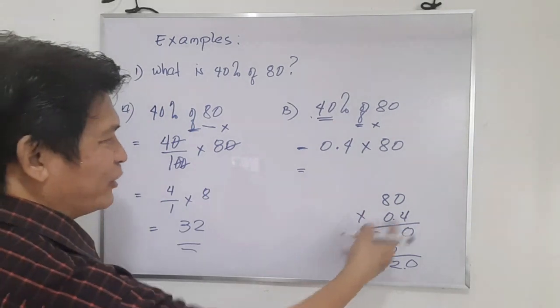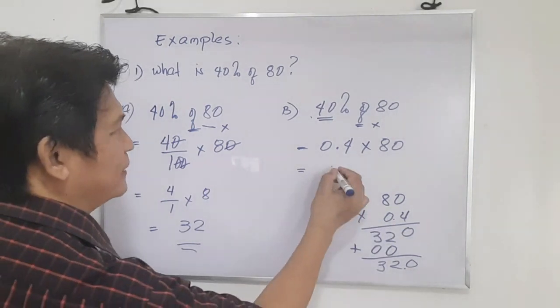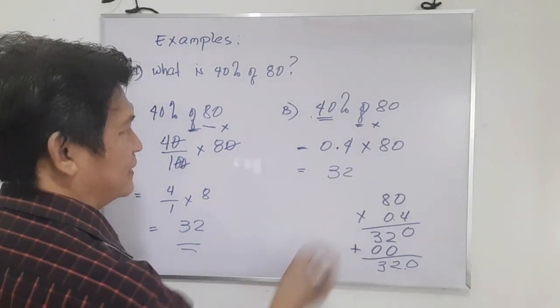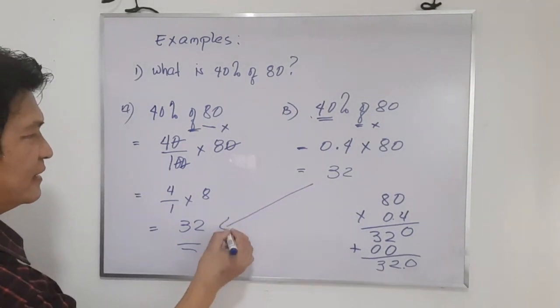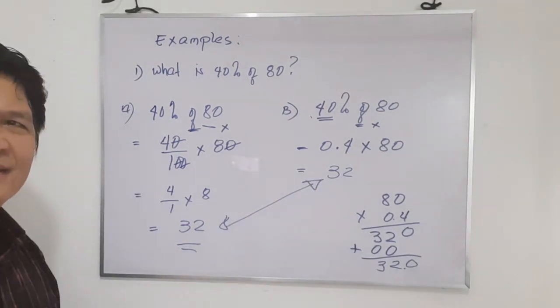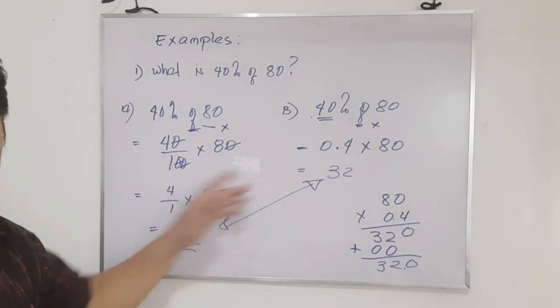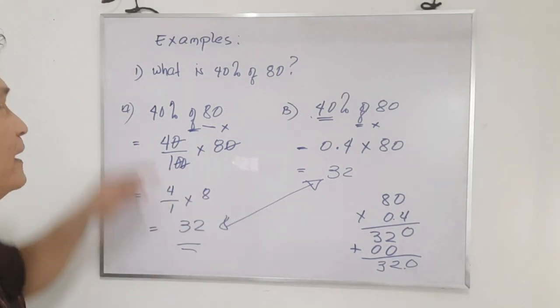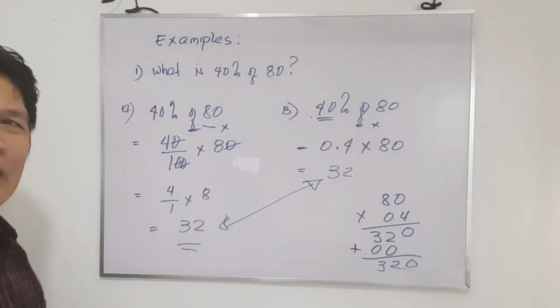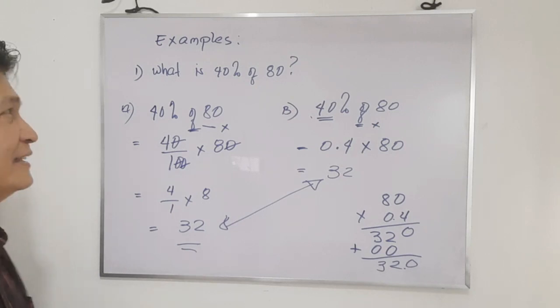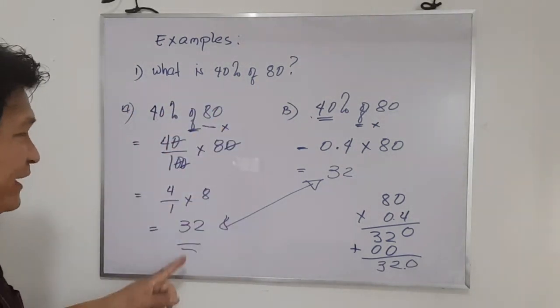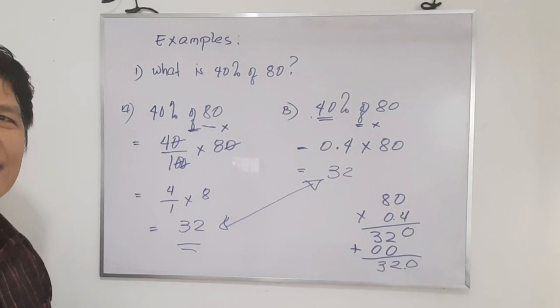So 80 times 0.4 is 32. We got the same answer. So whichever you use, a fraction or a decimal, in solving your problem, you will arrive at the same answer, of course. That is, 40% of 80 is equal to 32.